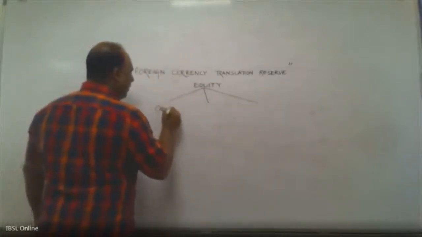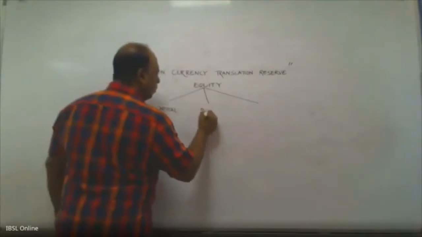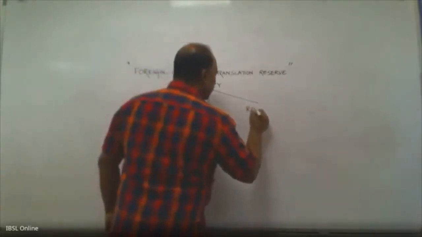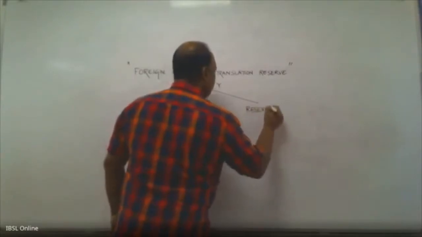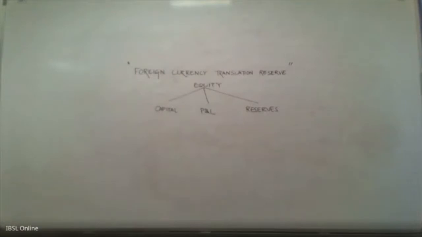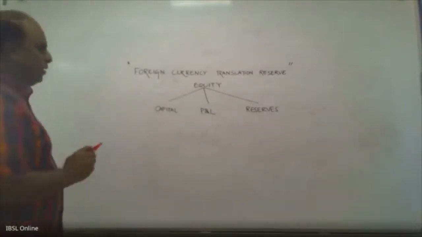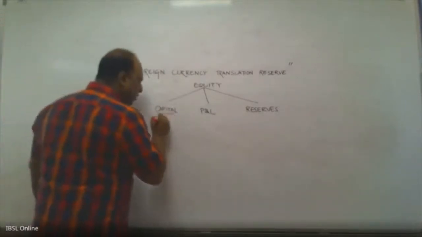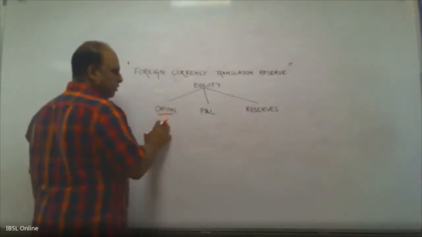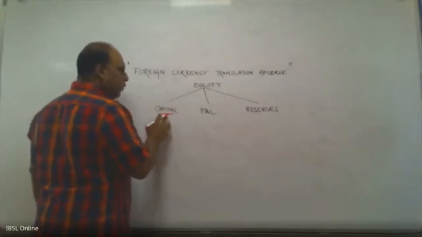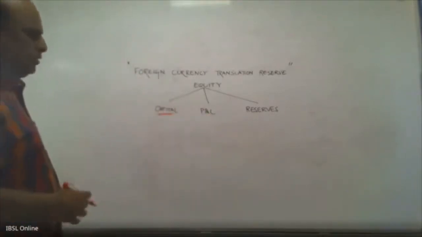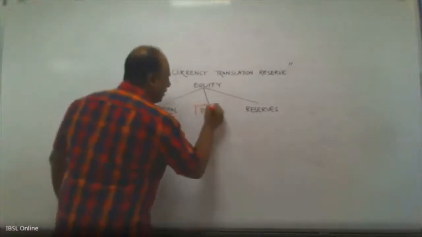You had your capital, you have your P&L, you have your reserves. This understanding is very important. Capital is what the shareholders have given you, the money given by the shareholders. Using that money, you generate certain income and expense. That is your P&L.